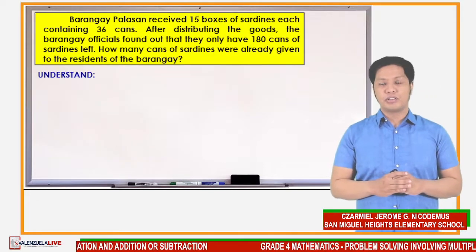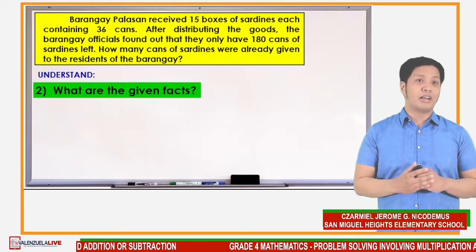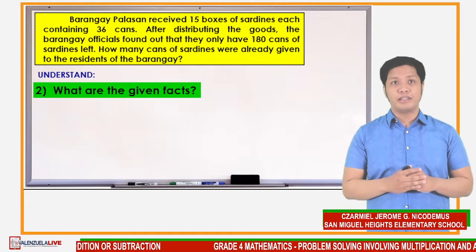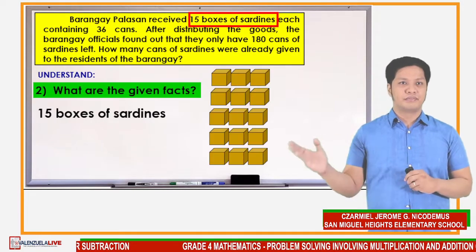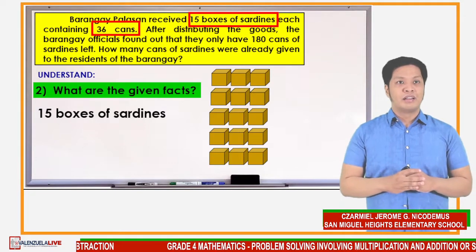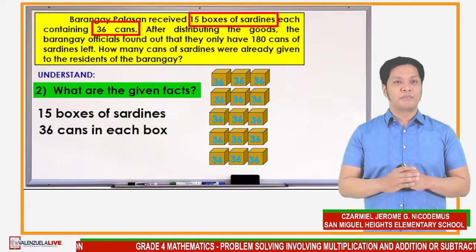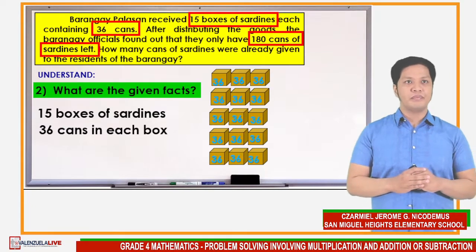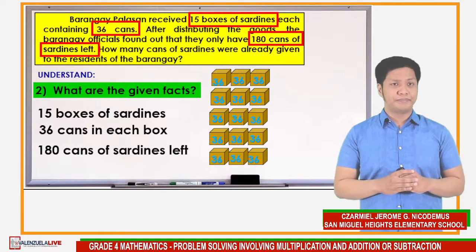We also need to find out what are the given facts. So the given facts in this problem are 15 boxes of sardines, 36 cans in each of the box, and 180 cans of sardines left.